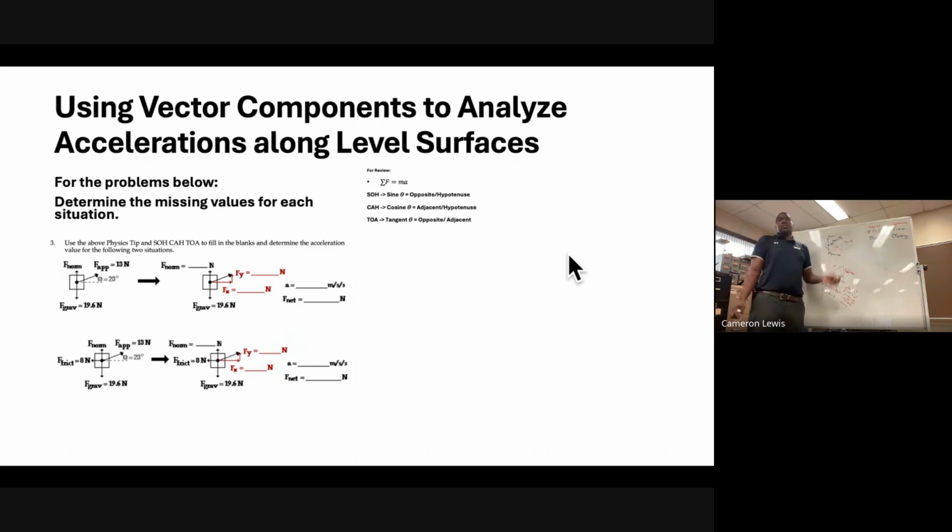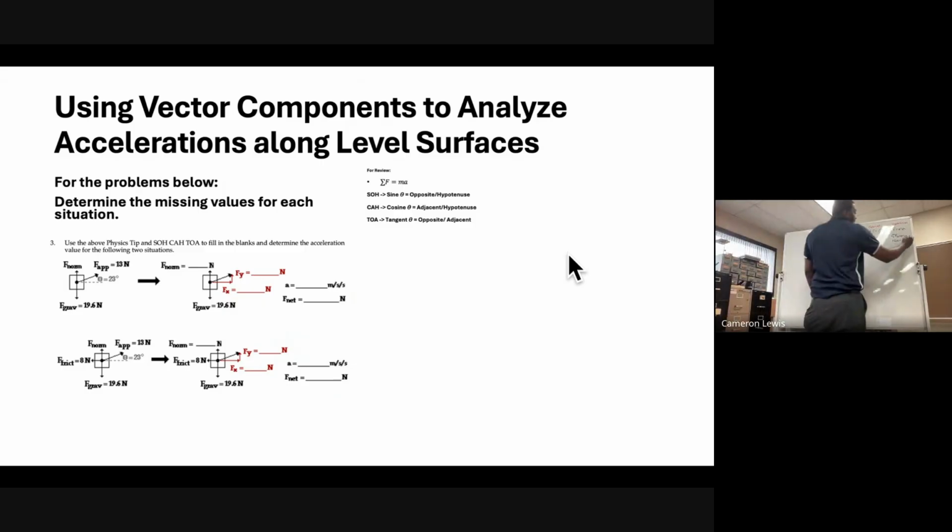Just in my x. 12 newtons, right? Do we know our mass? Did they tell us? No. So we have to do the same thing. We have to find our mass to be able to find our acceleration. How can we find our mass? What was it that we used before?